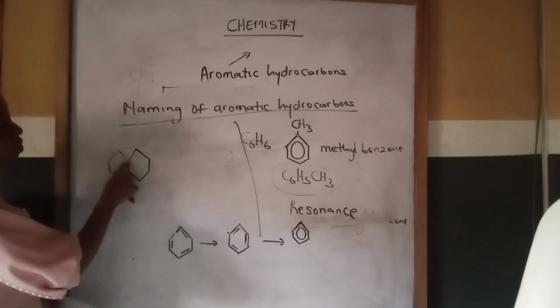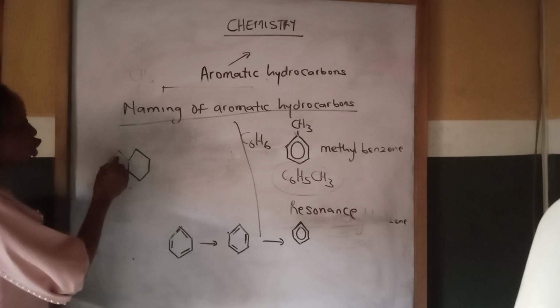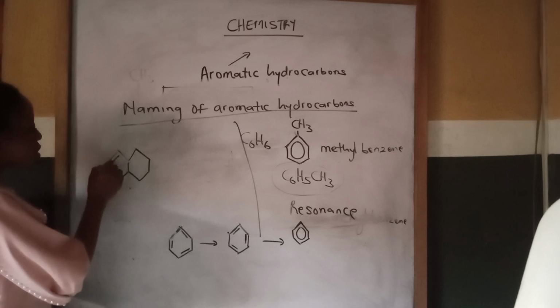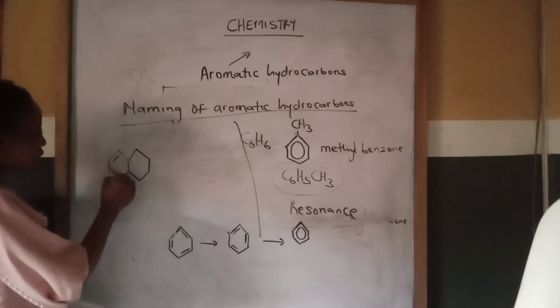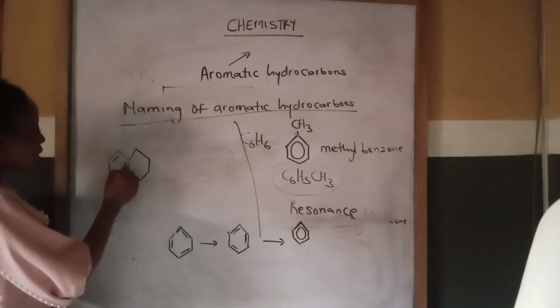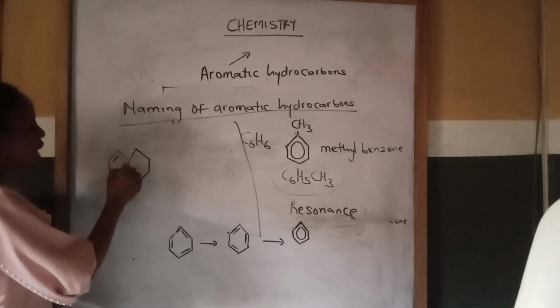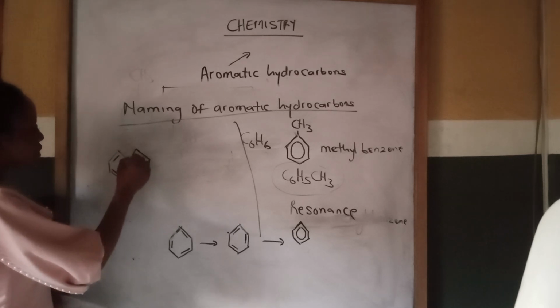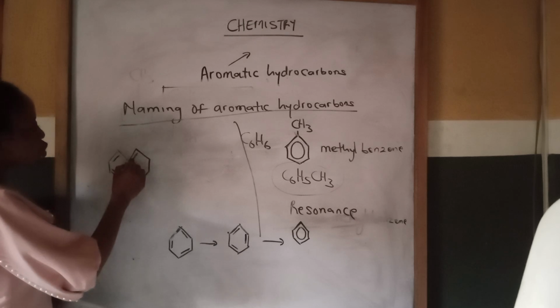So we have two structures of benzene. Then you put your double bond. One, you alternate it. Another double bond here, one here. So by the time you want to put another double bond, since there is no double bond there, you put one here.